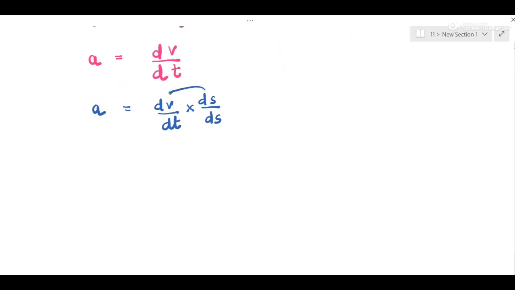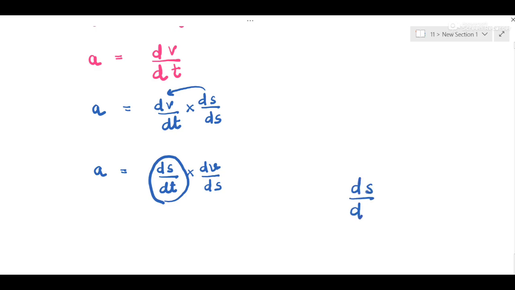Now this ds I will bring forward. So a is equal to ds is coming forward divided by dt, and dv is going back divided by ds. Now what is this? ds by dt, that is rate of change of displacement with respect to time. Rate of change of displacement with respect to time is velocity.